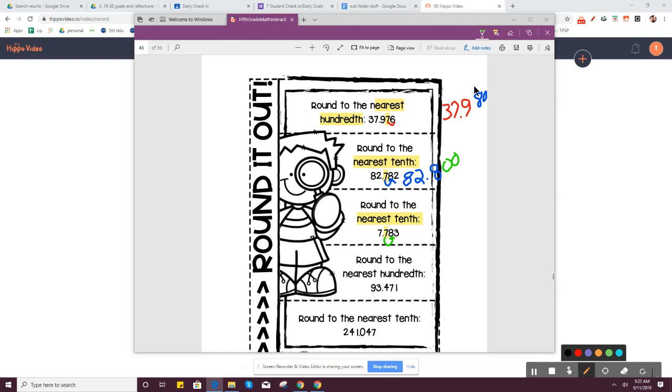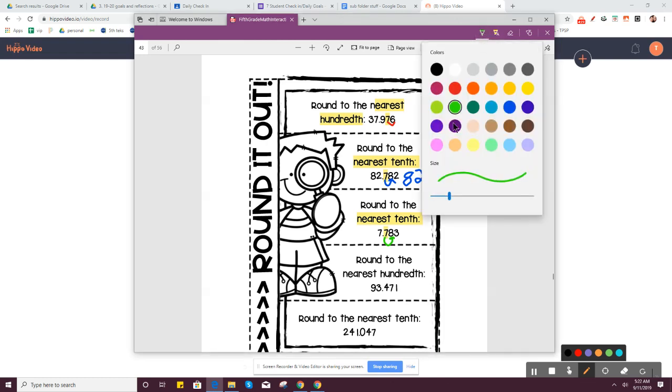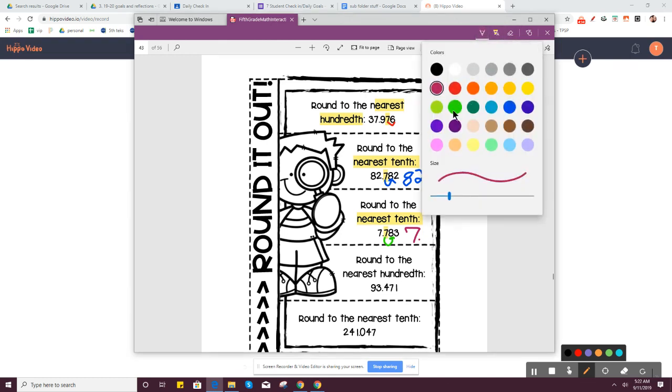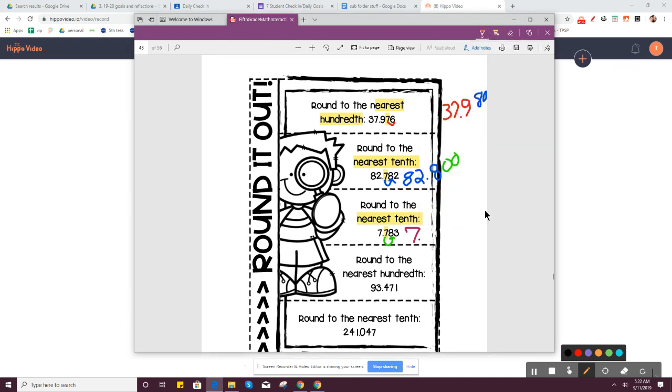Everything in front of the tenths place will stay the same. So we have a 7 and a decimal. Since the 8 behind the tenths place is more than 5, the 7 is not going to stay the same. It's going to jump up to an 8. And since there are 2 digits behind it, those turn into zeros.